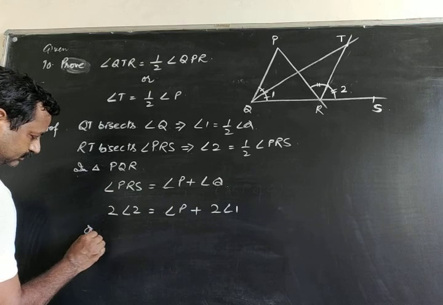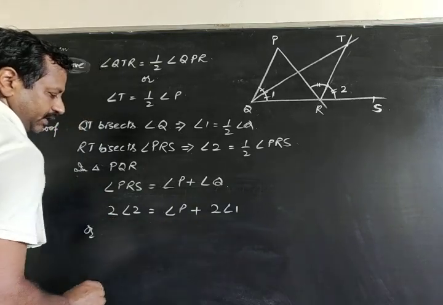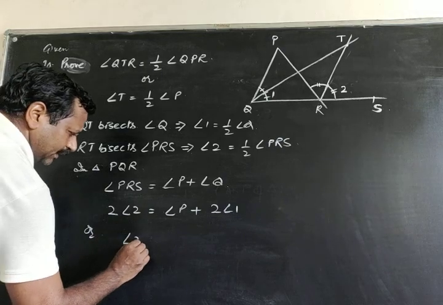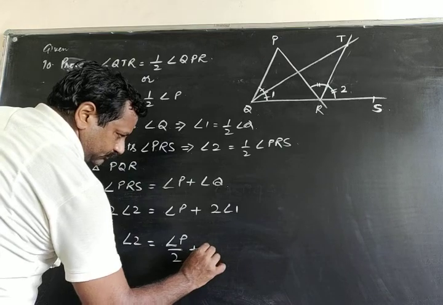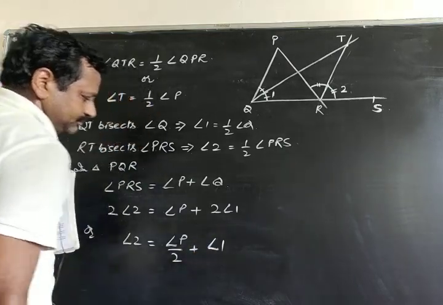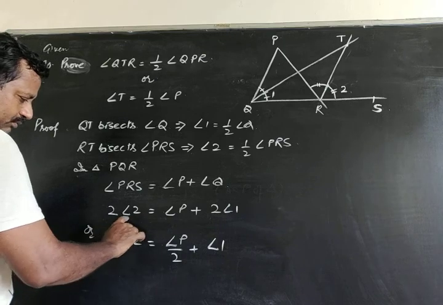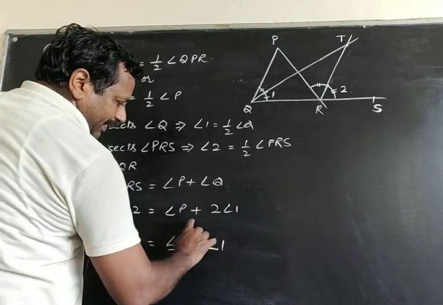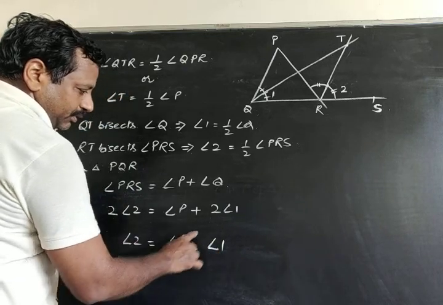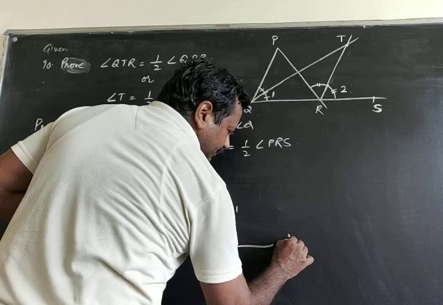Remove this 2, it will come down here. Angle 2 will be equal to angle P upon 2 plus angle 1, dividing both sides by 2. So this is my first equation.